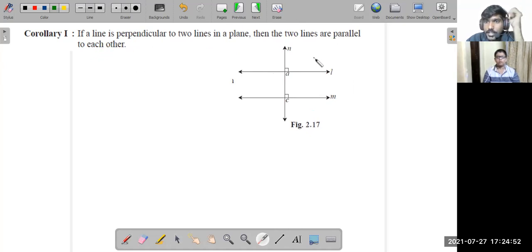That means if the transversal is perpendicular, unlike all the other examples we have seen where the transversals were not perpendicular, then those two lines are parallel to each other. Have you understood this?